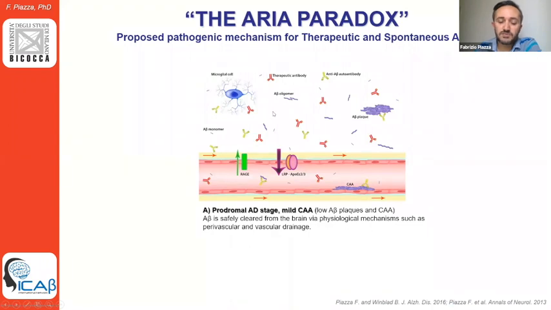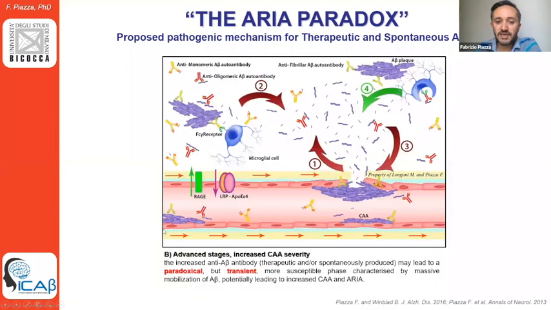They can pass to the blood and be removed. But if you treat patients later in the disease stage, when you have a more severe CAA, and also a high amyloid load in terms of more plaques deposited in the brain, these antibodies can lead to a massive removal of soluble species that need to pass through the brain to be removed.